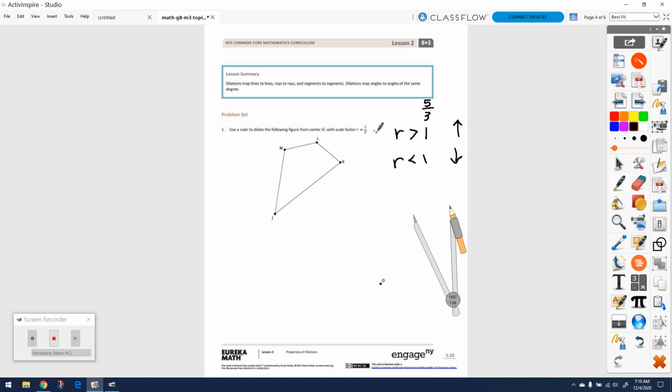The bottom number, the denominator, shows us that it's going to get smaller, like by cutting it in half into 2 segments. Now, we do not yet know how to use a compass to do this, so we are going to use a ruler. So you literally are going to measure this length, and we're going to divide it in half. So we are going to measure this length and divide it in half.